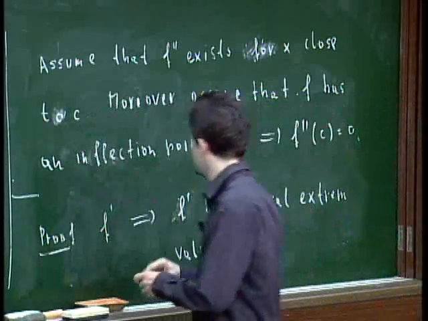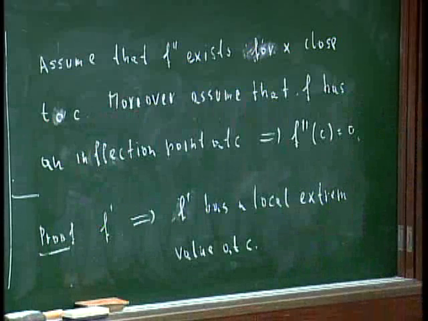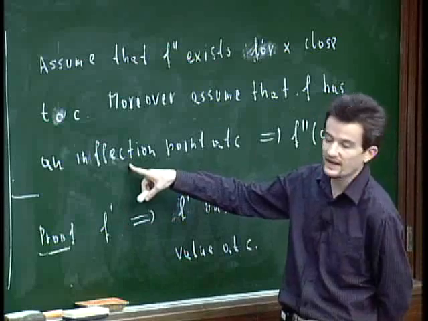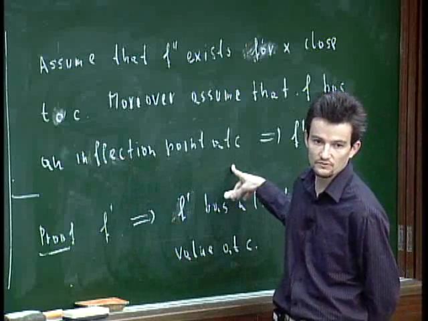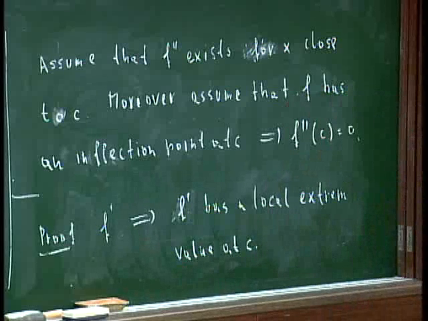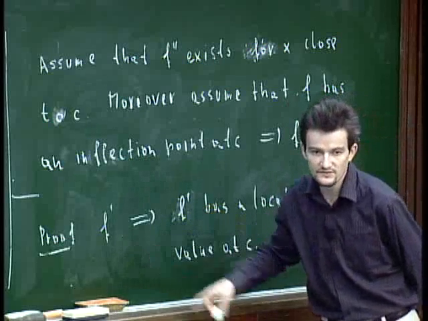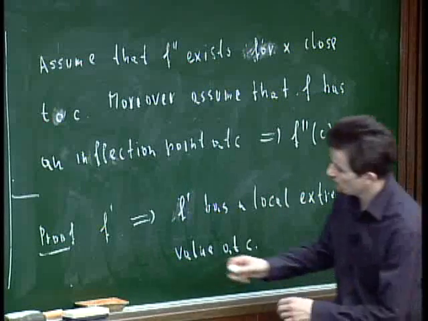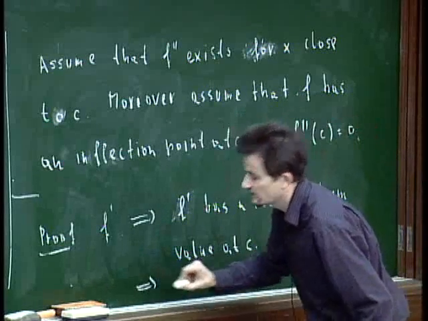If you apply the first derivative test, because you see that the second derivative changes sign at c, we get that the first derivative has at c a local extreme value, and now we apply Fermat's theorem.